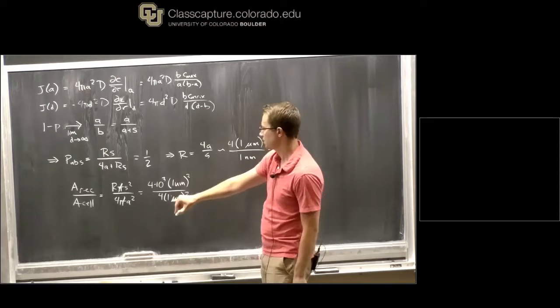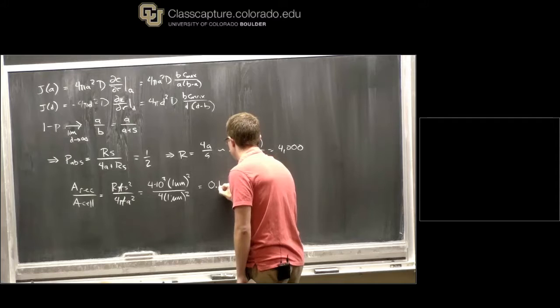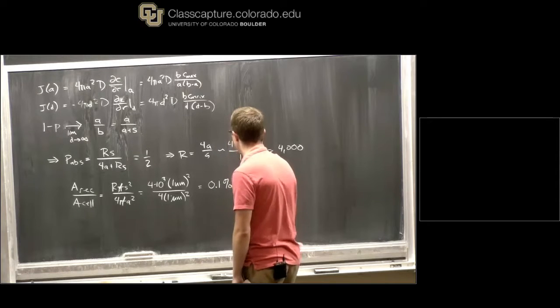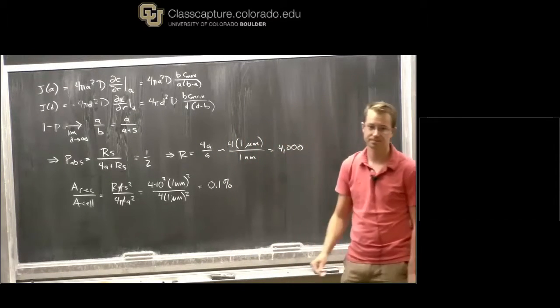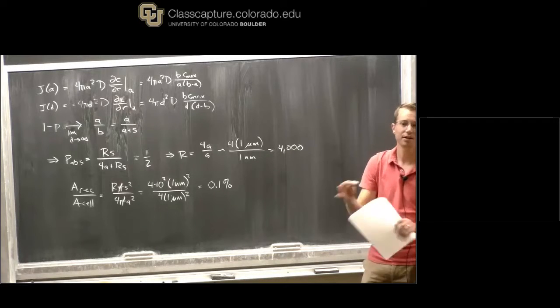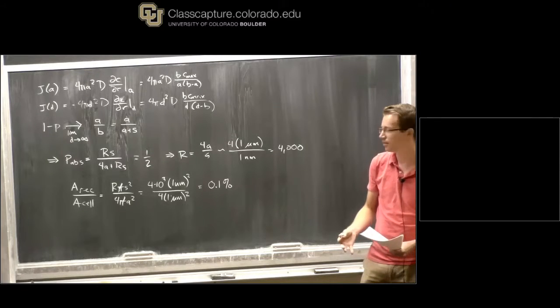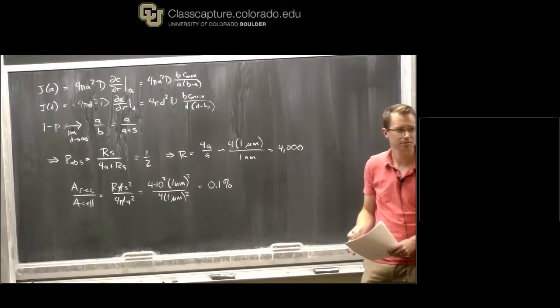And now we have 1,000 on the bottom. So this is 0.001 or 0.1%. So that means if your entire surface is covered by receptors, you get 100% of the molecules that arrive. If only 1,000th of your surface is covered by receptors, you get half the molecules that arrive.